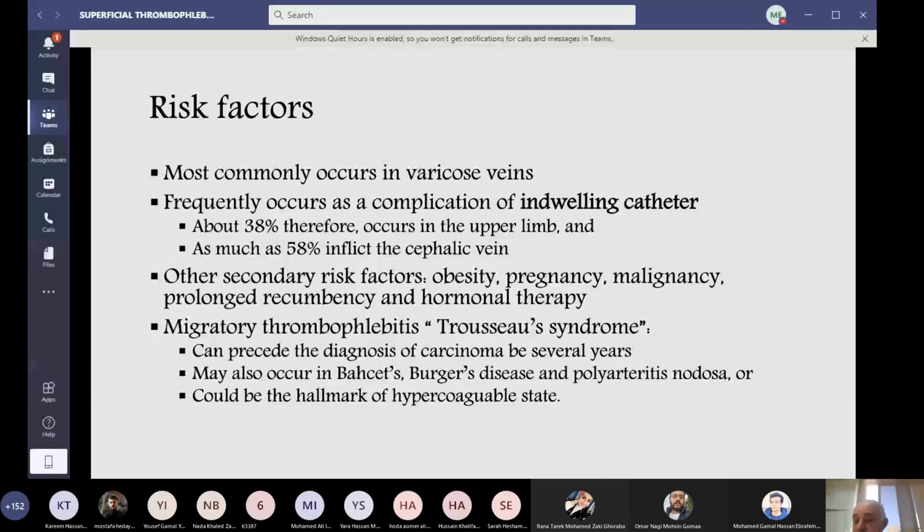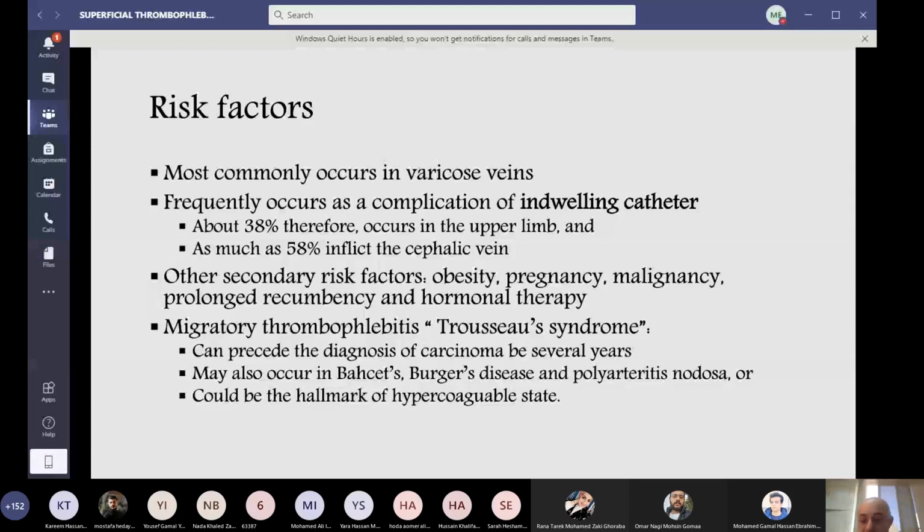What is its importance? As we will discuss with DVT, patients who are suffering from malignancy are at risk of developing thrombosis anywhere, including the superficial system.